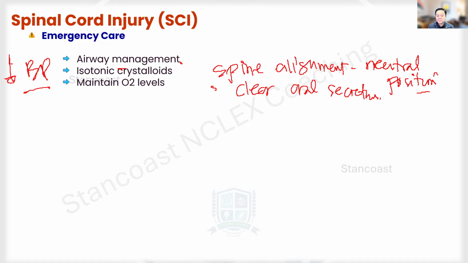Okay, as soon as they are being intubated, they need the mechanical ventilator for them to maintain pulmonary function. Now, another would be the use of the vasopressors. If there's going to be neurogenic shock or spinal shock, then the administration of the epinephrine, dopamine, will treat the hypotension, specifically the neurogenic shock.